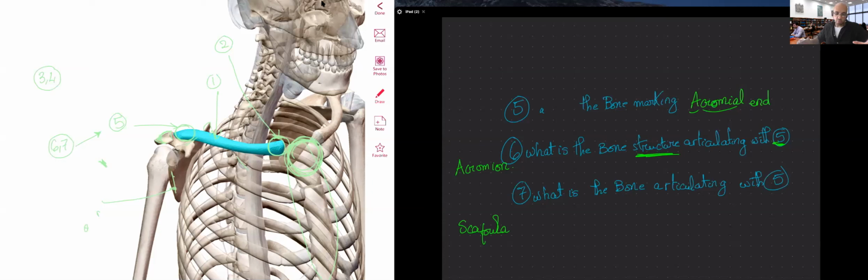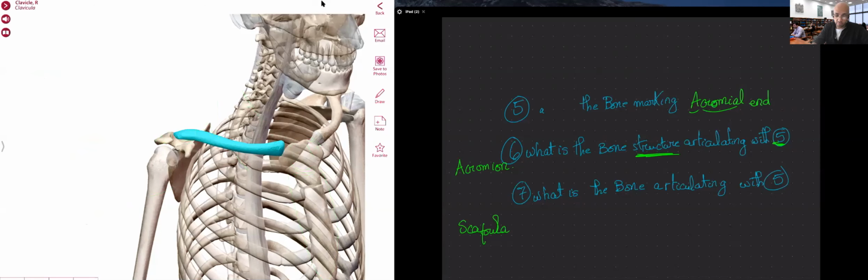Those are all the possible questions that you can have for the clavicle. You only have 2 markings, and those are all the possible questions you can have.